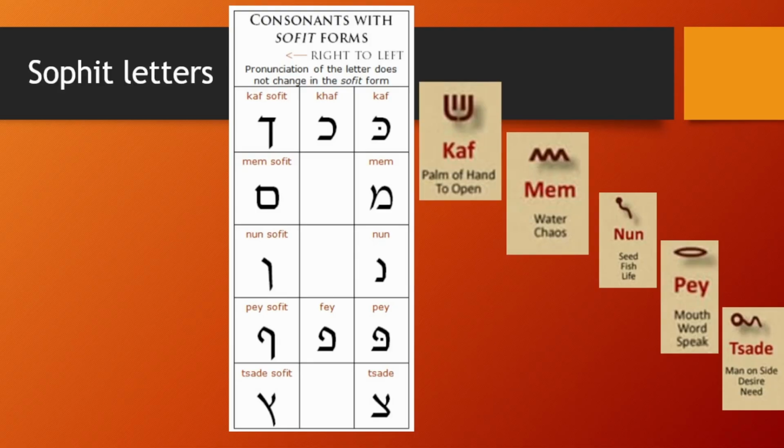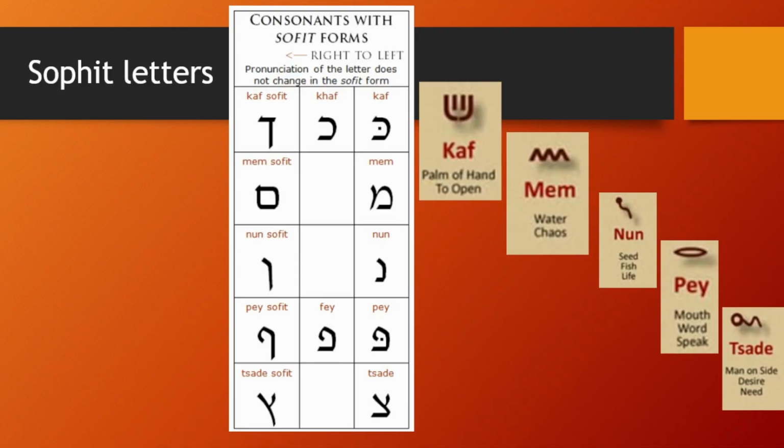It's Mem. On the right-hand side there, I have given you the Paleo version of these Sufit letters. Now, in Paleo Hebrew, there aren't any Sufit. So we do believe that it was something that was added somewhere later to give a clearer understanding of the letter.